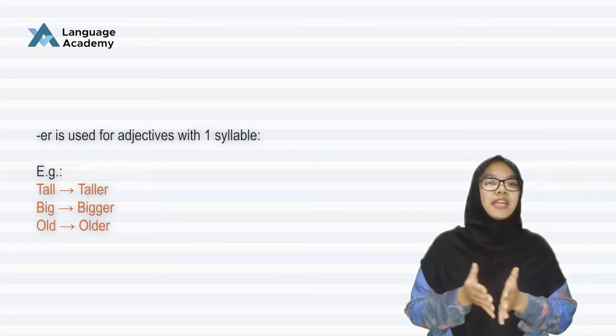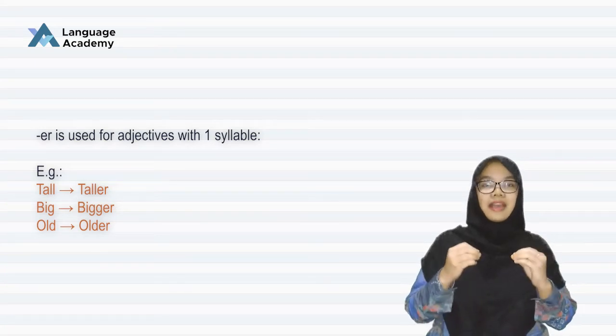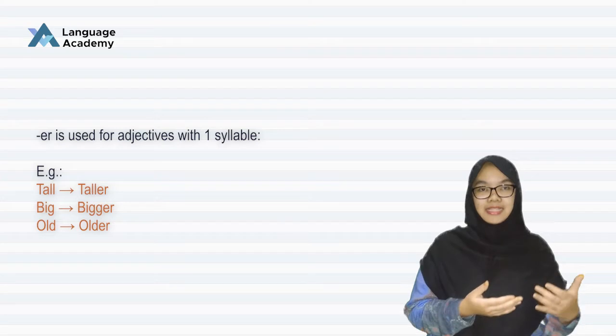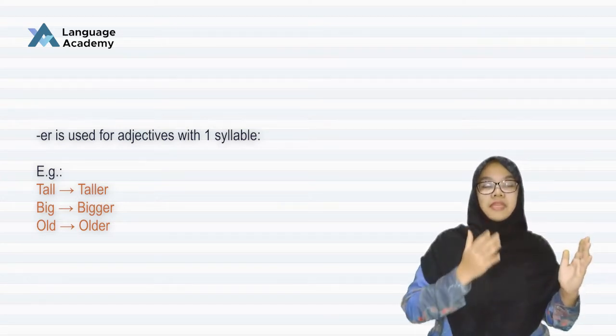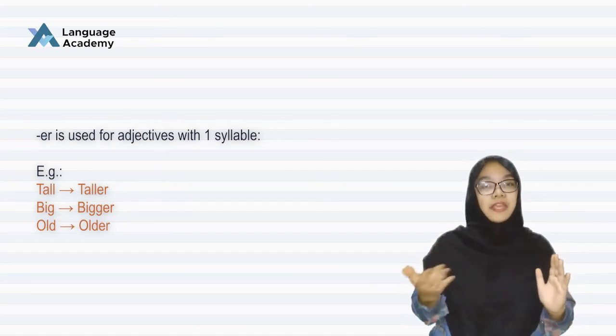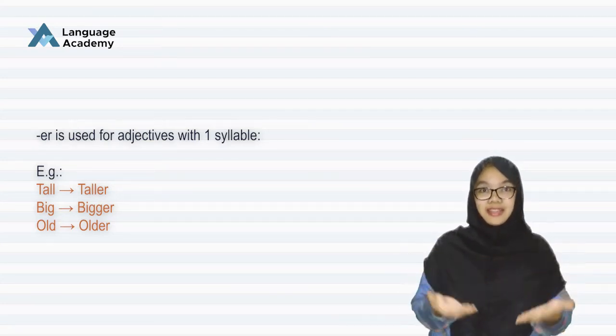Kalau teman-teman menggunakan adjective dengan satu syllable, yang harus teman-teman lakukan adalah tambahkan akhiran er pada kata tersebut. Like I said, for example, tall becomes taller, big becomes bigger, old becomes older, like that.